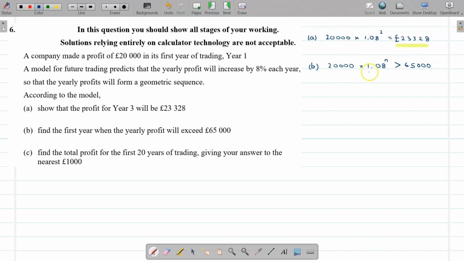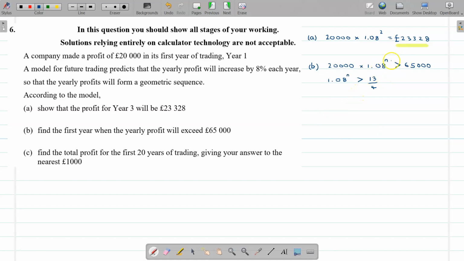Okay, and if I just divide both sides by the 20,000, I'll get 1.08 to the power of n is greater than 65 over 20, which is 13 over 4.